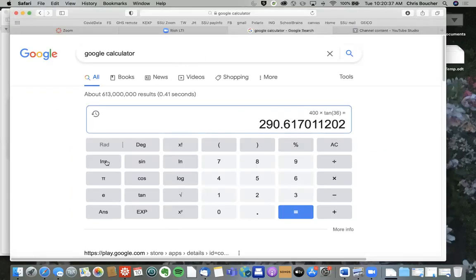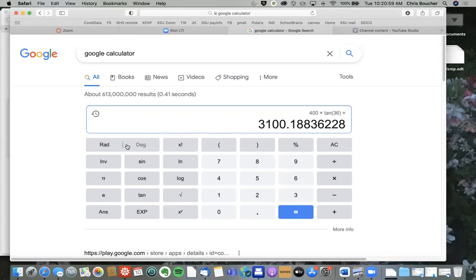If I had done this in radian mode, I would get a different value, right? So let's switch to radian mode and try the same calculation. 400 times tangent, there we go, 36, close parentheses. You can see I get something very different from the 290 or so that I got before. So be careful of this.